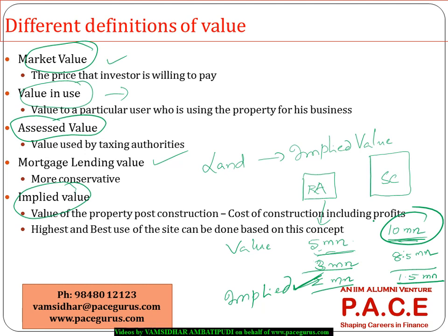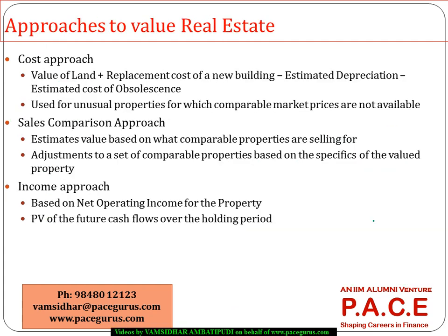So this is one more thing we need to be comfortable with in terms of assessing the value of real estate property. Now, in this session, we will be dealing with the three major approaches to value a real estate property.